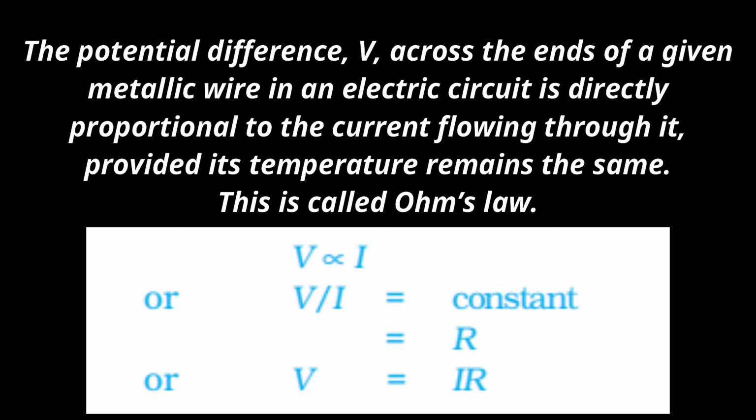In other words, V is directly proportional to I, or V divided by I is equal to a constant value, which can be represented by the letter R, or V equals I into R.